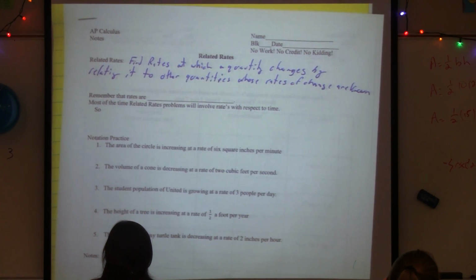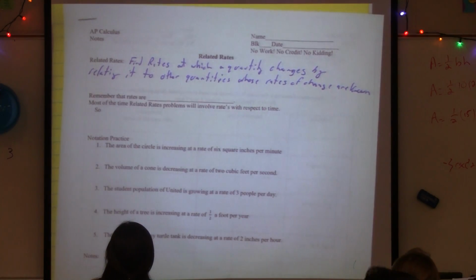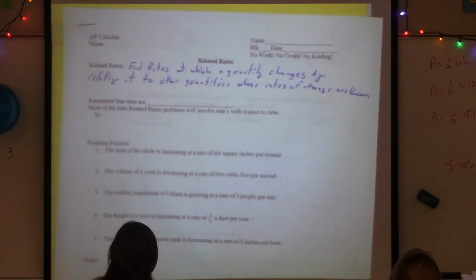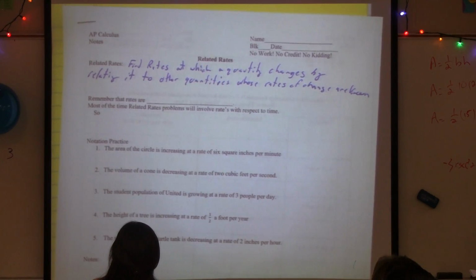So related rates problems are basically all about that.